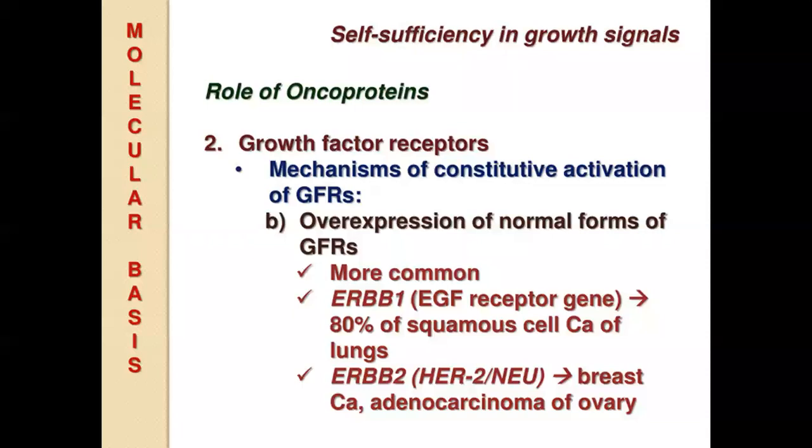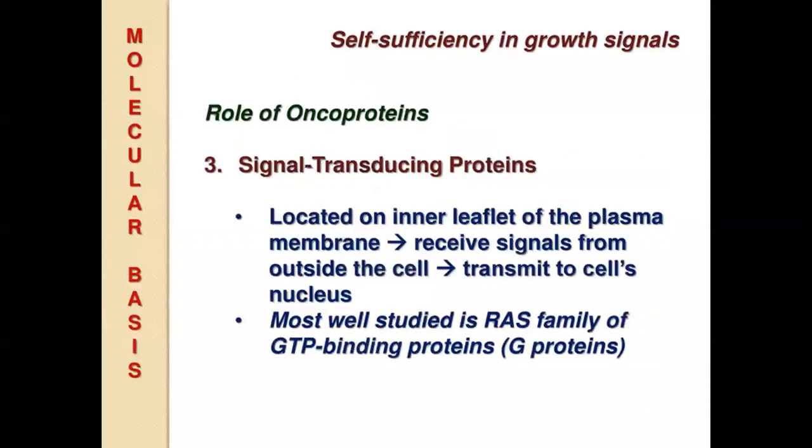These are more common: ERBB1, epidermal growth factor receptor gene, seen in 80% of squamous cell carcinoma of lungs, and ERBB2, HER2/NEU, seen in breast carcinoma and adenocarcinoma of the ovary.